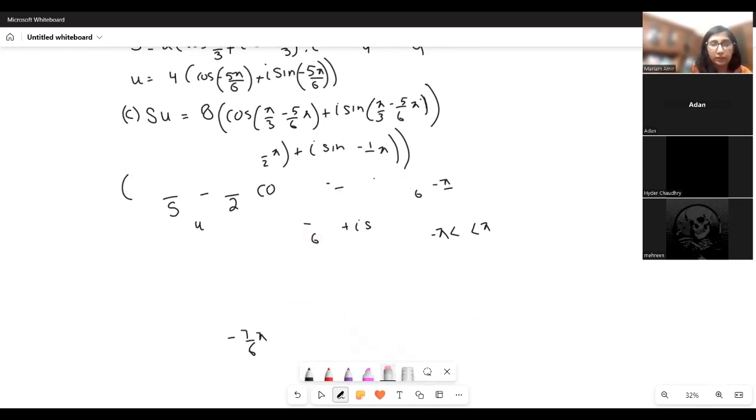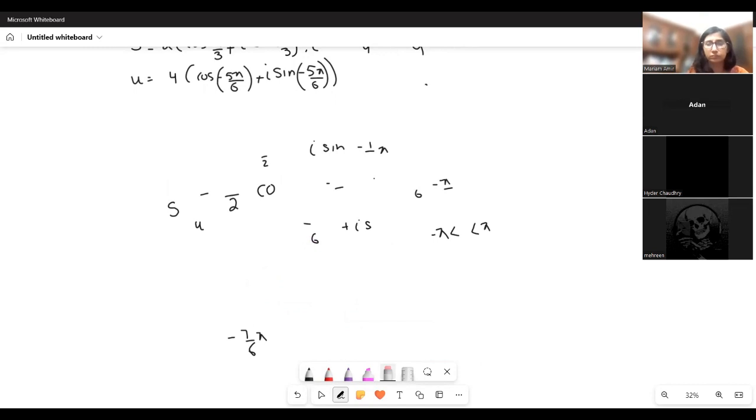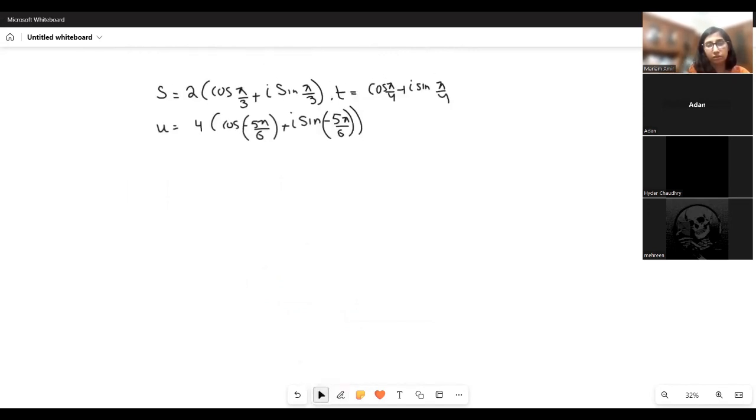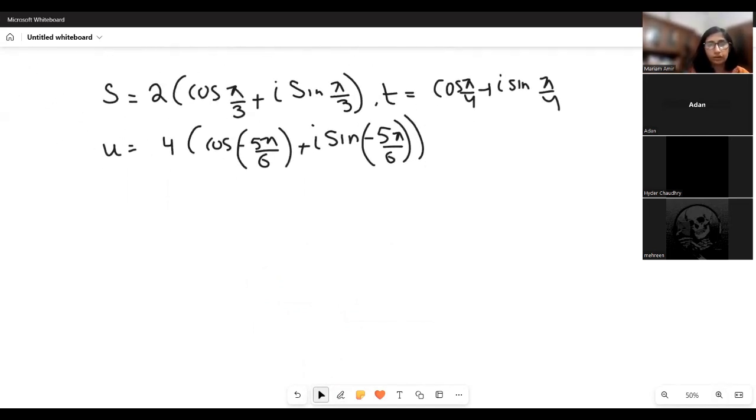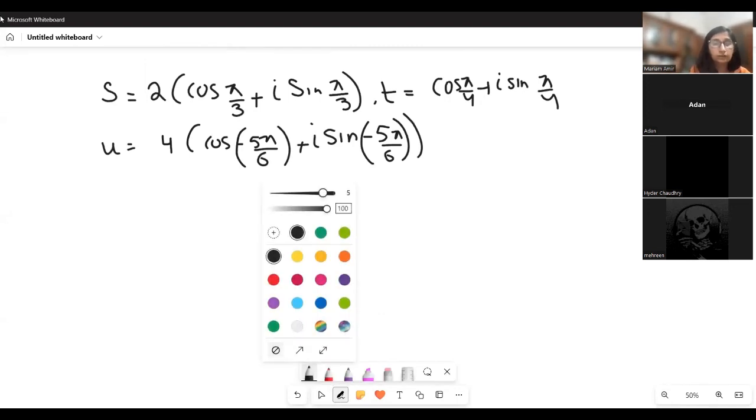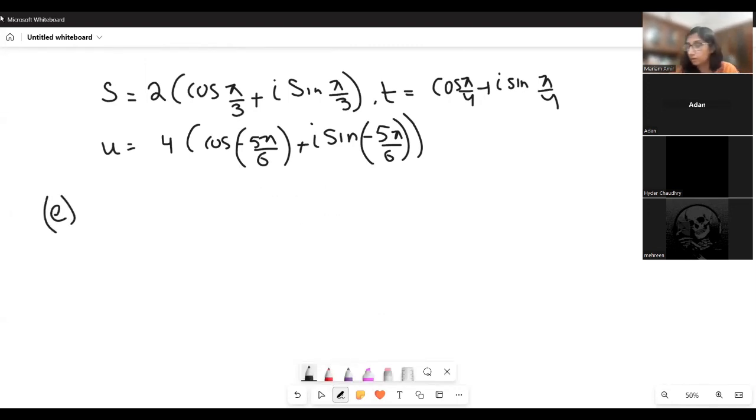Make space for part E. So part E is T upon U. So R for T is 1, R for U is 4, so 1/4 is the new R, and then we subtract their respective theta.